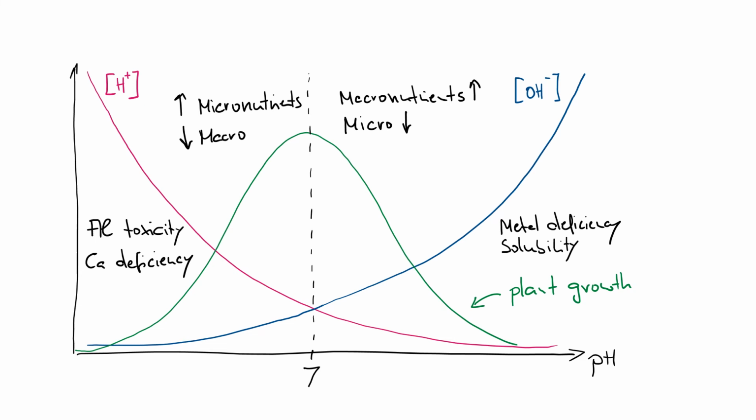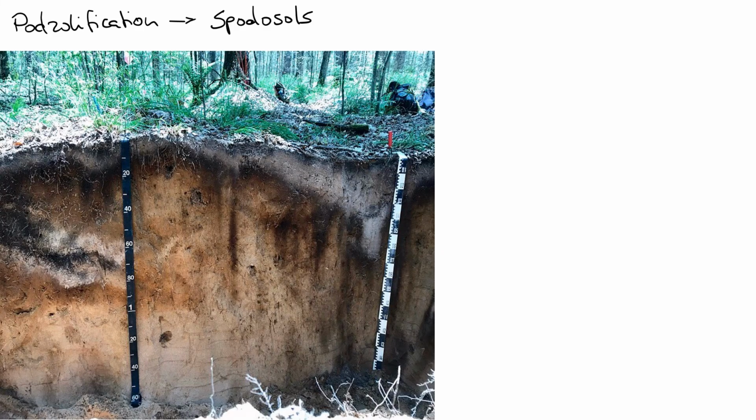Aluminum is more prevalent, becomes more soluble, and interferes with a lot of plant functions. Aluminum toxicity takes over, and you also see calcium deficiency as one of the main macronutrient deficiencies at really low pHs, and calcium deficiency is prevalent there because plants do need a lot of calcium.